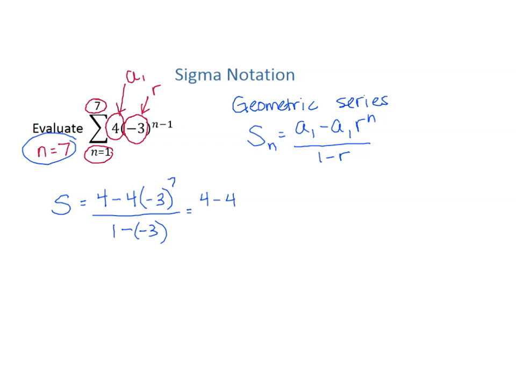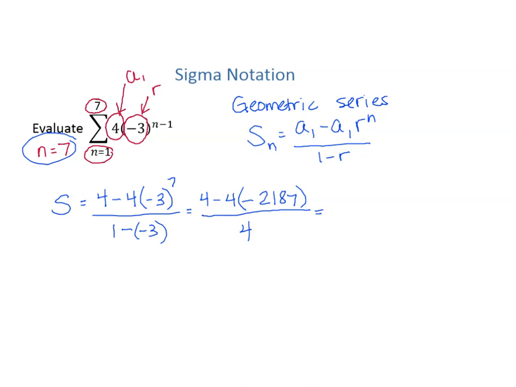Okay, so 4 minus 4 times, I am not going to pretend that I know 3 to the 7th by heart, so I'm going to plug it into my calculator. -3 to the 7th, and I get negative 2,187. Be careful when you put that in your calculator. You should get a negative answer. You might need to use parentheses around the -3. All over 4, right? 1 minus -3 is 4.